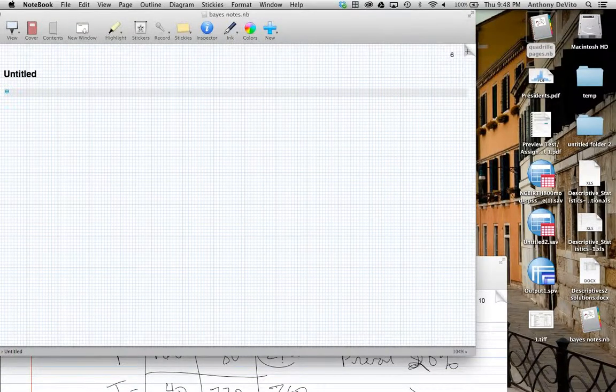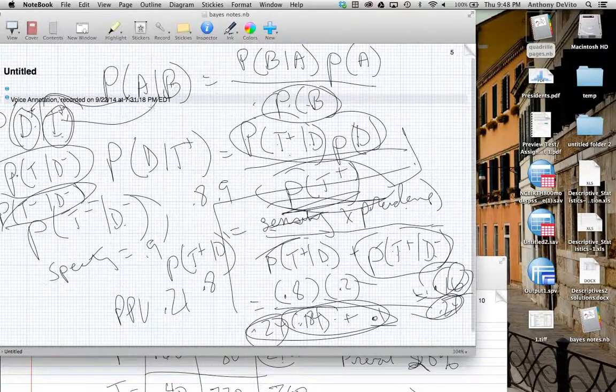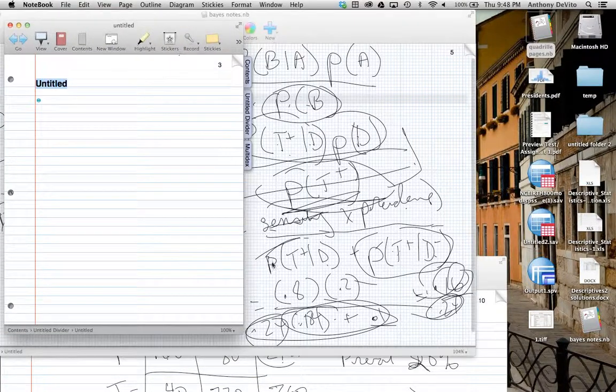Okay, here's Bayes' formula. Let me open a new page and recopy that.